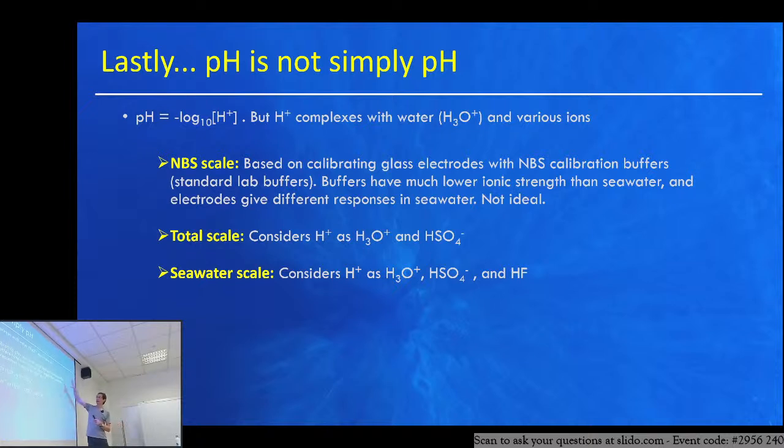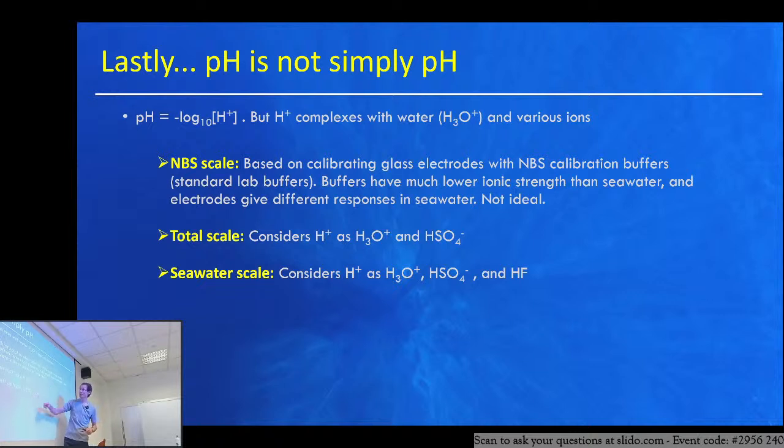So NBS data are really less preferred. They're not the ideal way of doing measurements, and if you can, it's good to try and move away from that if you're trying to do research level carbonate system measurements.